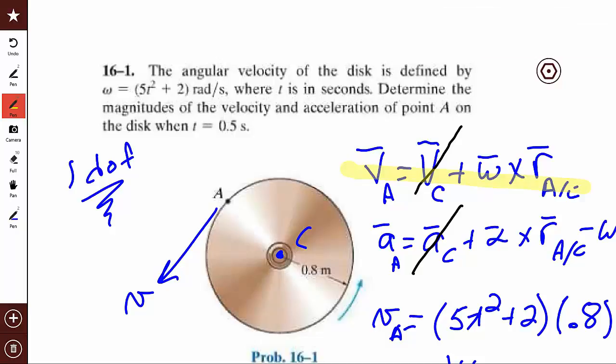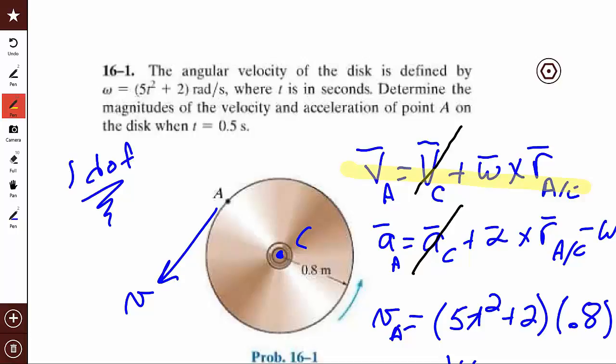From where to where? If you're looking at this guy, it starts at the point on the right-hand side, C, and goes out to the other guy. So it starts with the point that's on your right-hand side and goes to the left-hand side point. So it's going to go that direction. Got it?